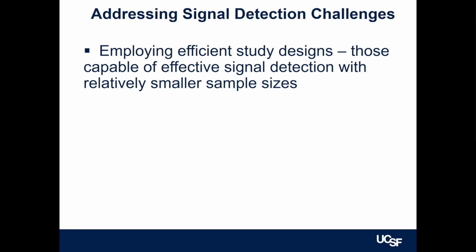Hopefully, it's evident to everybody listening that in order for a study to be able to detect a signal, the population of the study has to be large enough for there to be adequate power to show a statistically significant effect. And it's expensive to do. The larger the study, the more expensive it is.